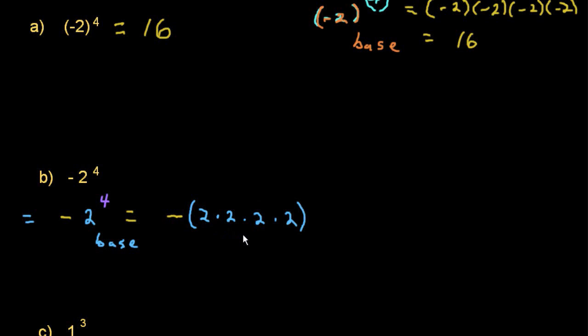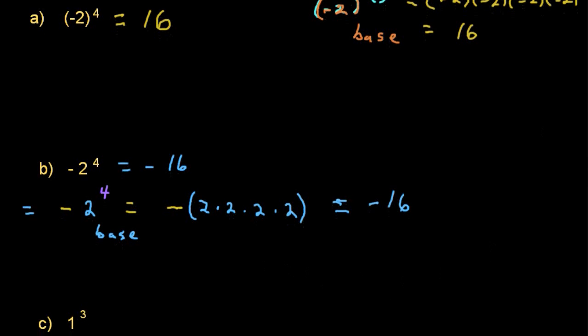So that is equal to 2 times 2 is 4, times 2 is 8, times 2 is 16, but we want the opposite of 16, or -16. And notice that before we got positive 16, this time we got -16, and the difference was all in the parentheses. So in this case, the answer is -16 without parentheses.